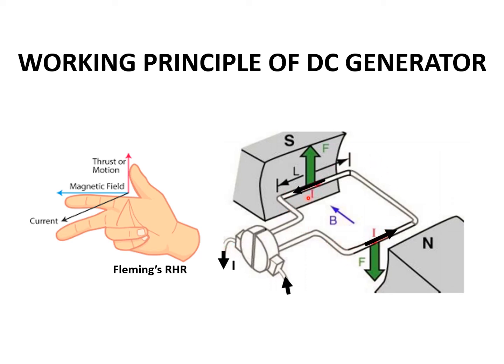In this conductor the current comes out through the brushes into the external circuit, and in this one it goes in, and we can apply this electrical energy to any loads. So in this way a DC generator works and converts mechanical energy into electrical energy.